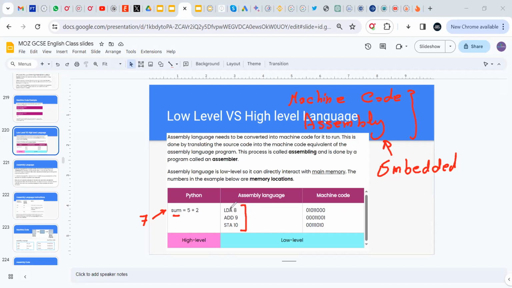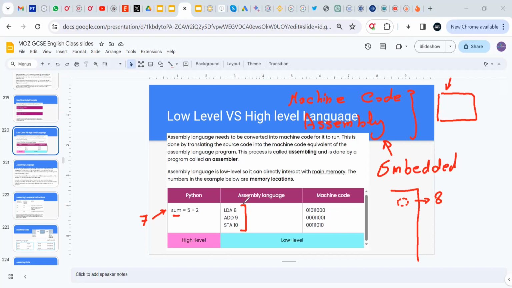LDA means go to the memory address in the RAM that is called 8 and load whatever is inside it into the processor. Inside the CPU that we have seen just now, there are internal memory spaces for temporary storage of the information that we are processing.